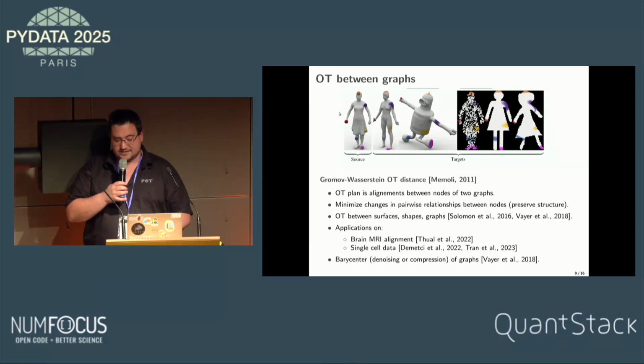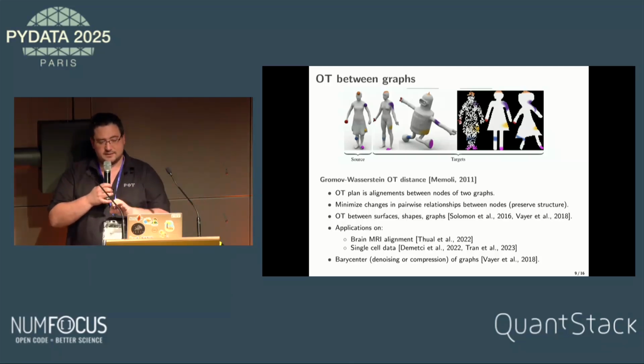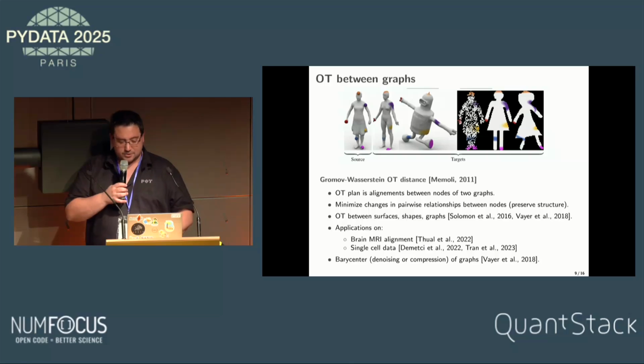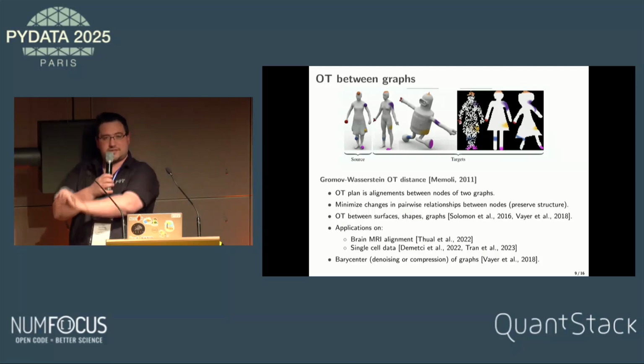So a surface can be seen as a graph. And you want to move points, this time with a slightly different optimization problem. I don't show it to you here, but you want to preserve the relationships between the points. It's not just that you want to minimize the distance moved by the points, but you want to minimize the error of pairwise relationships. So if two points are close before, they should be close after mapping.